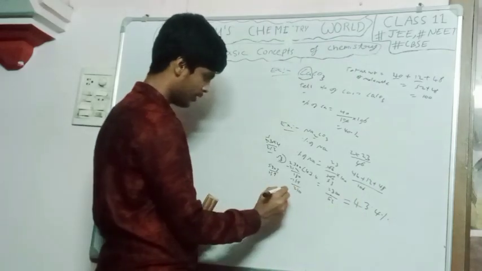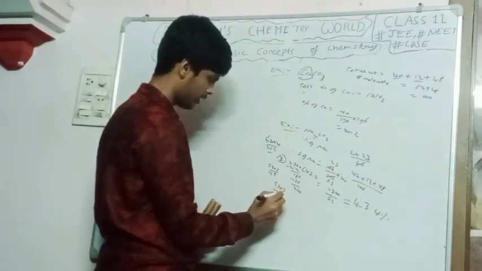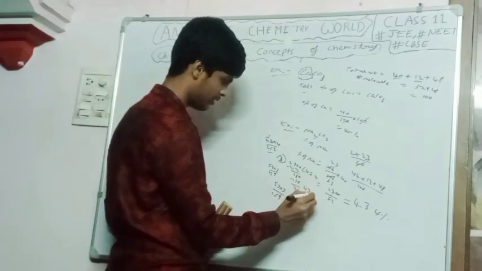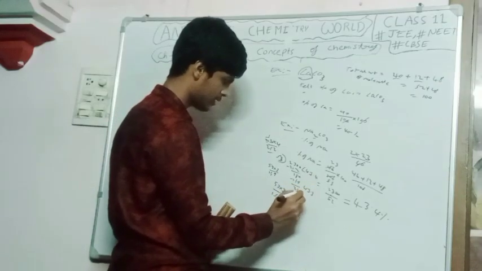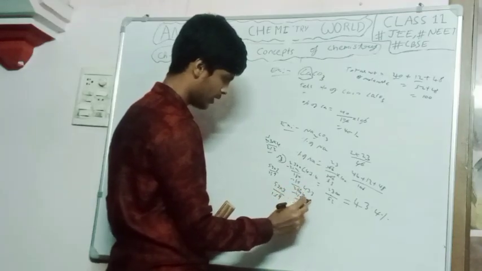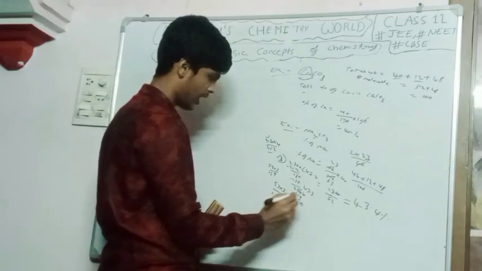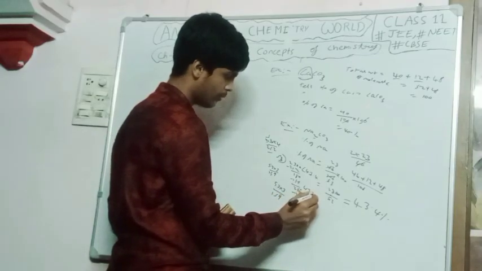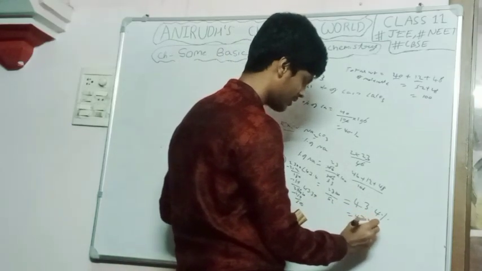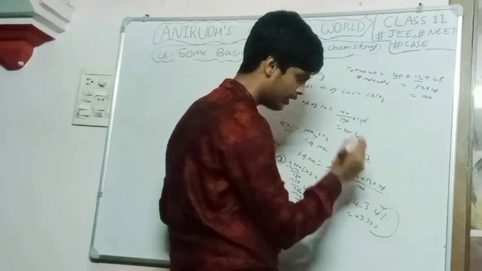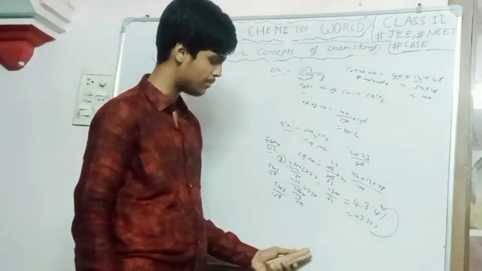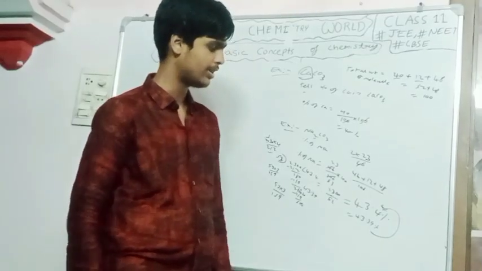If I tell you correctly, 53 into 3 is 159, so actually we need to take 43.39, which is the correct answer. But if you want to round off in your board exam, you can write it as 43.4%. But in integer type questions in JEE, you need to write it as 43.39.